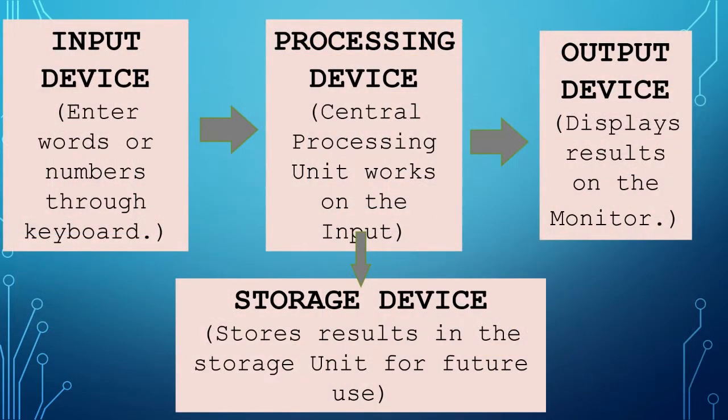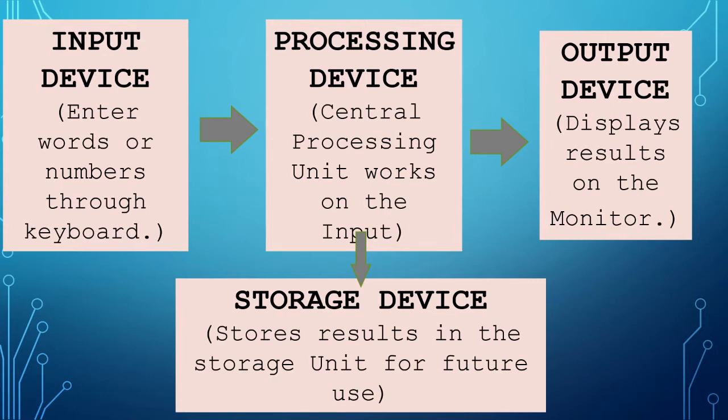Before this lecture, you have learned that computer is an electronic machine which accepts input from the users and gives us output. We can see in the diagram that computer system is divided into three parts, that is input device, processing unit and output device.